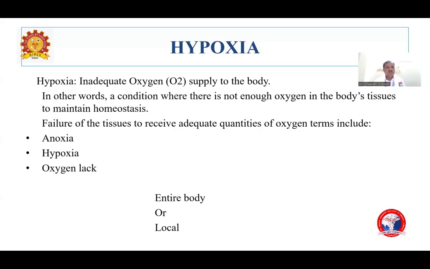What is hypoxia? Hypoxia is inadequate oxygen supply to the body. In other words, a condition where there is not enough oxygen in the body tissues to maintain homeostasis. Failure of the tissue to receive adequate quantities of oxygen includes anoxia, total lack of oxygen, no oxygen at all.